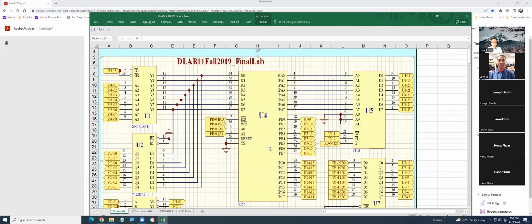I want to know where the data bus is, that's what they're talking about. Are you talking about the 8-bit lines, like 4, 3, 2, 1, 40, 39, 38, 37? Exactly, that's right here. That's what they're talking about, the data bus.